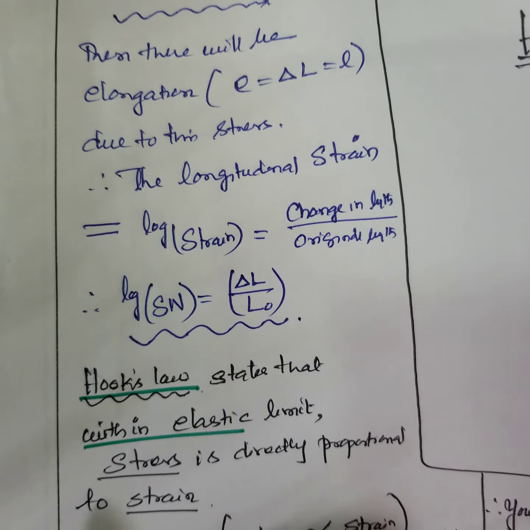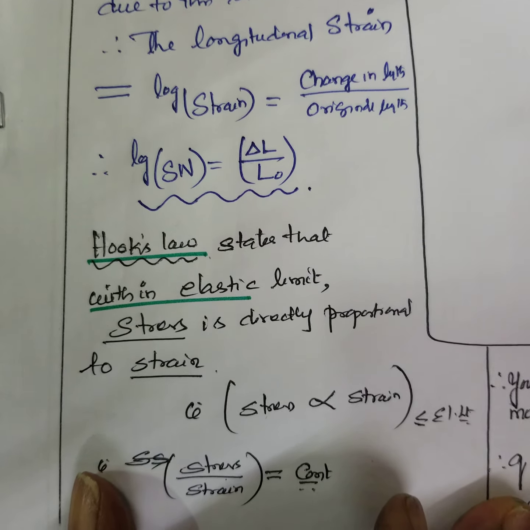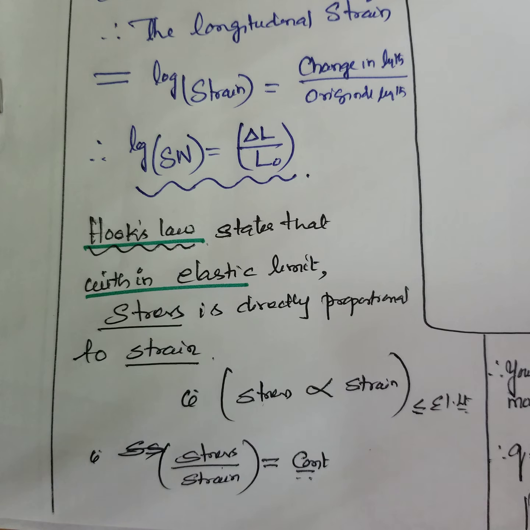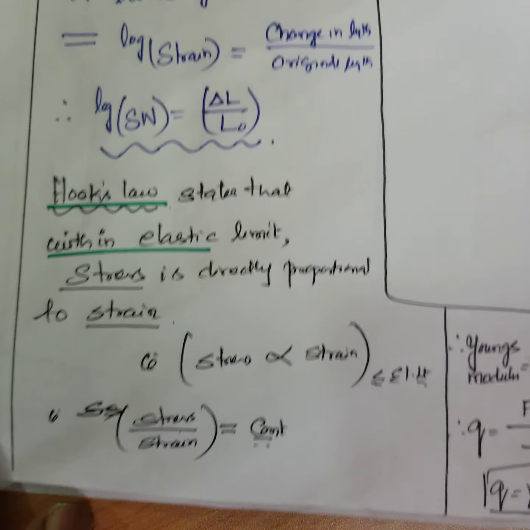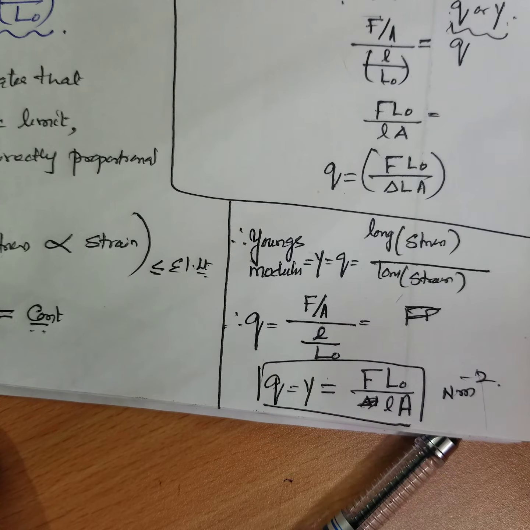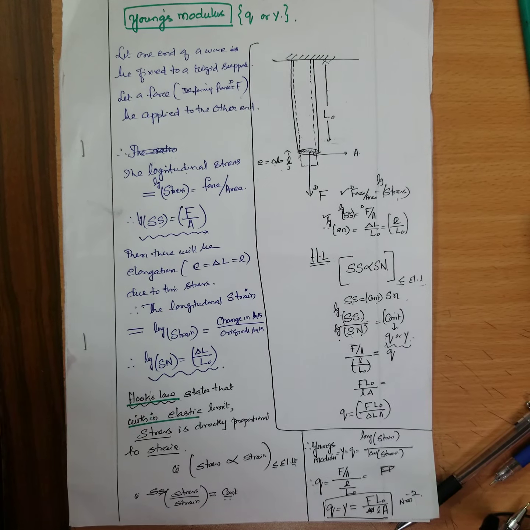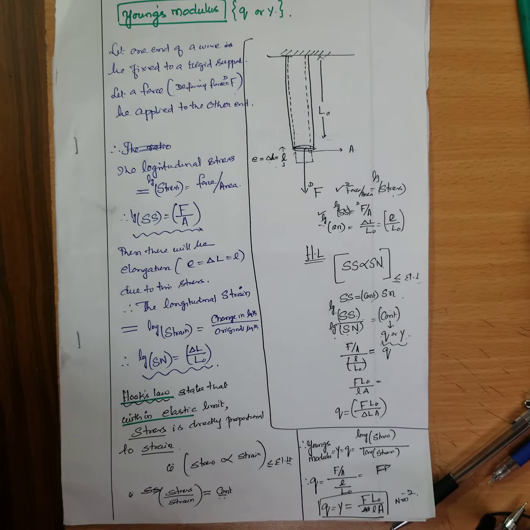Then apply Hooke's law, which states that stress is directly proportional to strain, and whatever I explained is given in the form of notes. Now the entire thing you can take a screenshot.